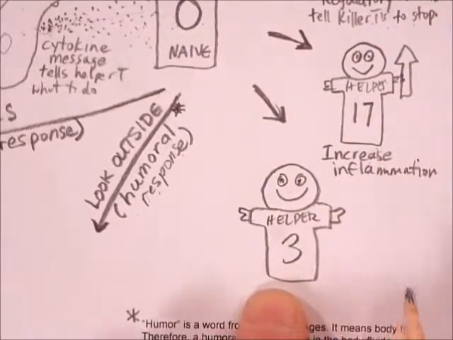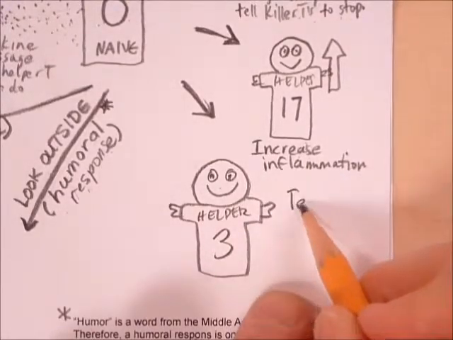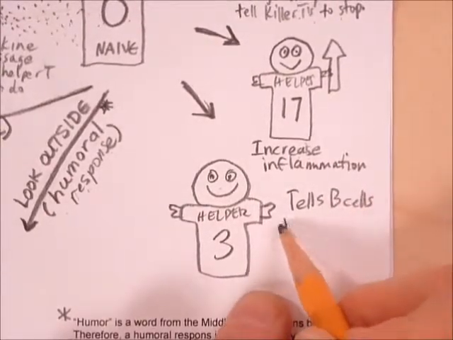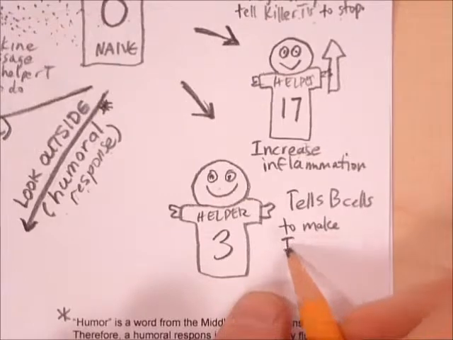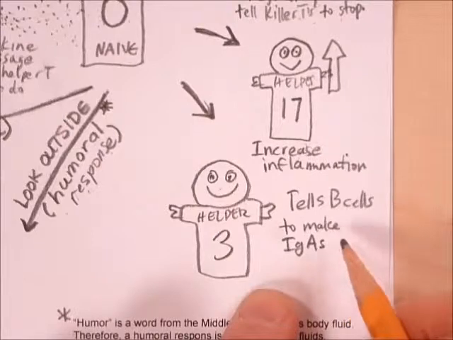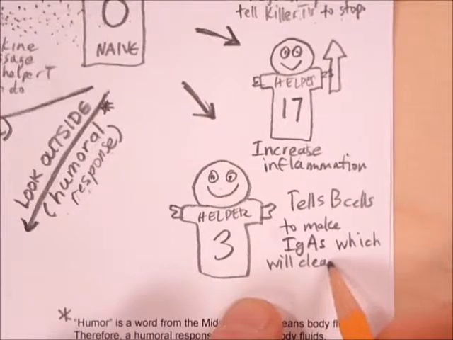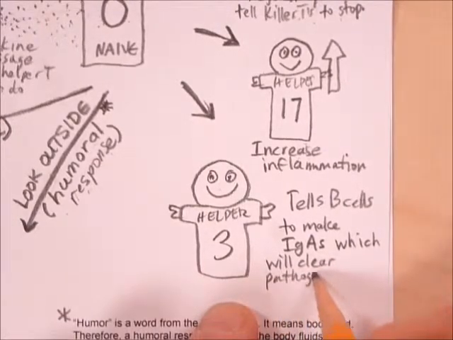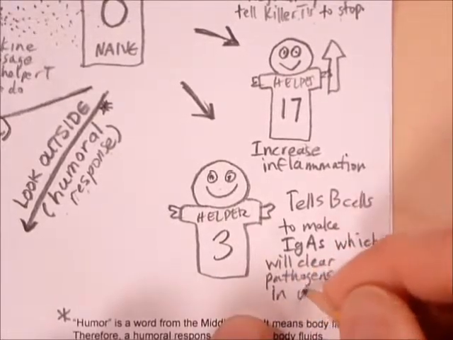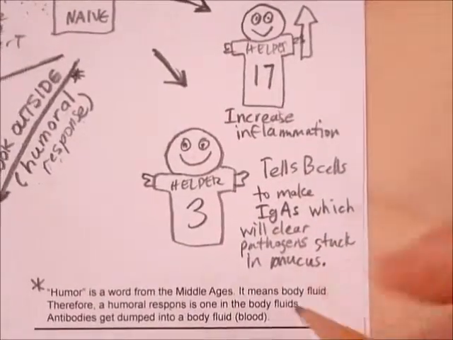Okay, and so number 3, he tells B cells to make IgAs, which will clear pathogens stuck in mucus. Okay, so it's going to tell the B cells.